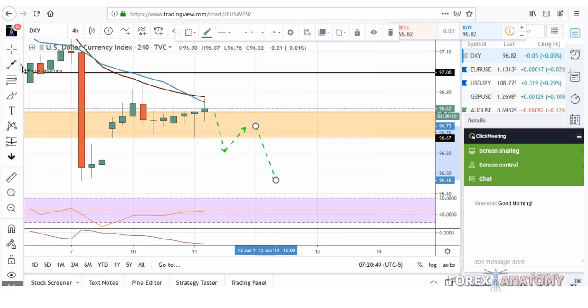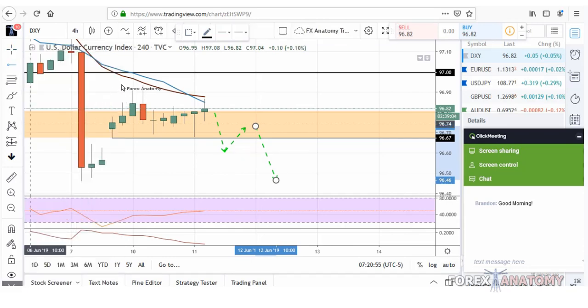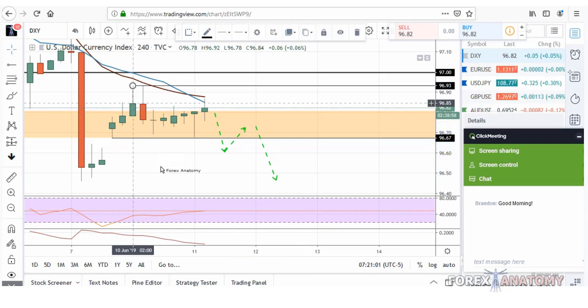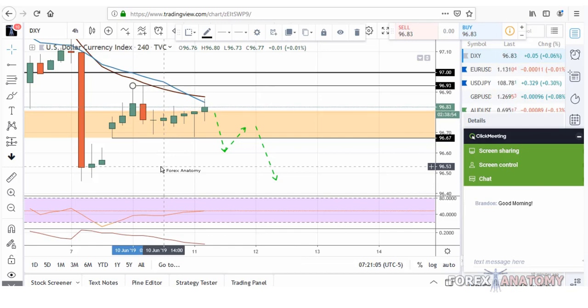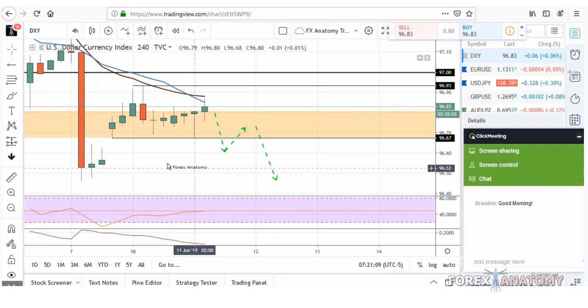However, if we see that very same break to the upside, or something similar but to the upside, which is right around here, then that's when you can look for an opportunity to buy the US dollar, to trade in favor of the US dollar.